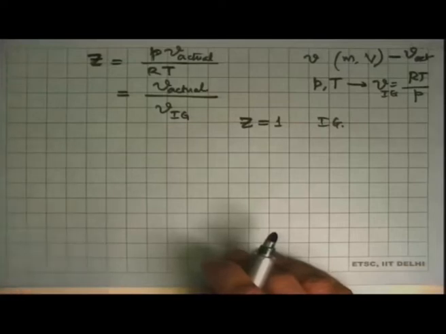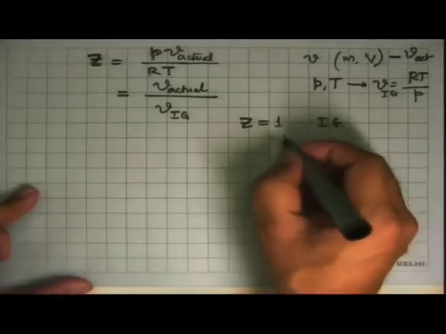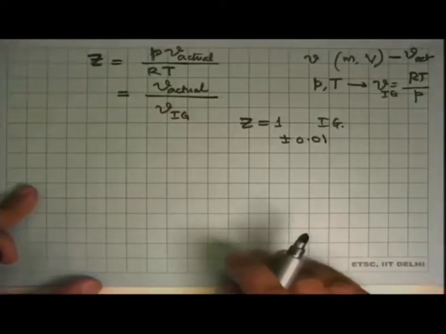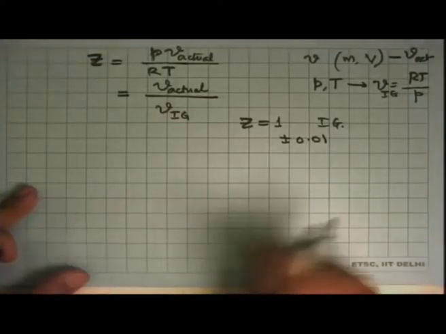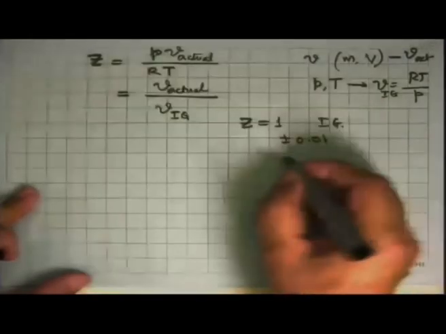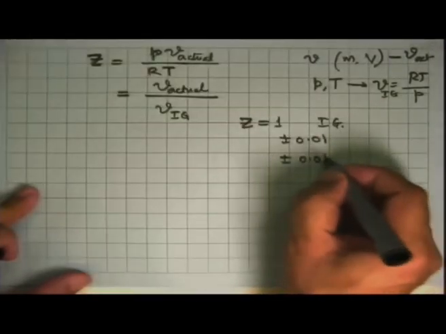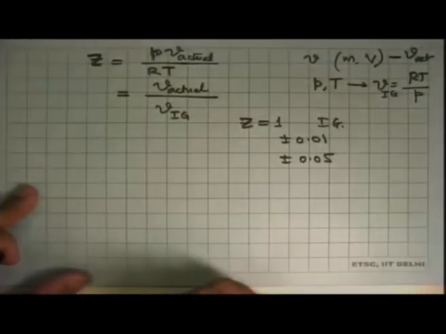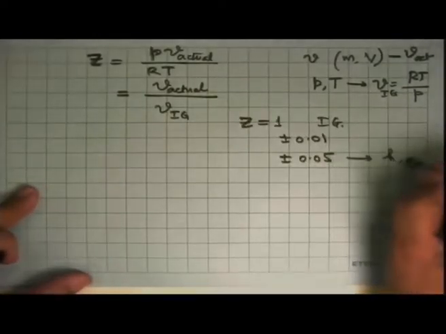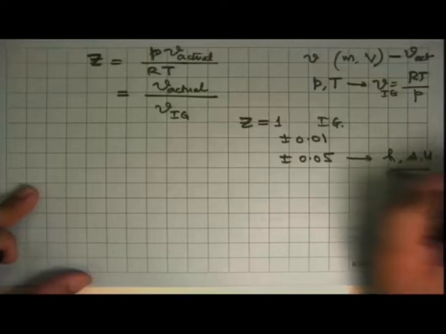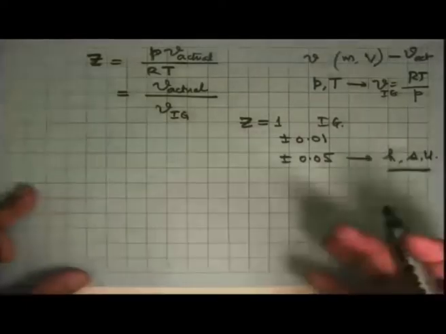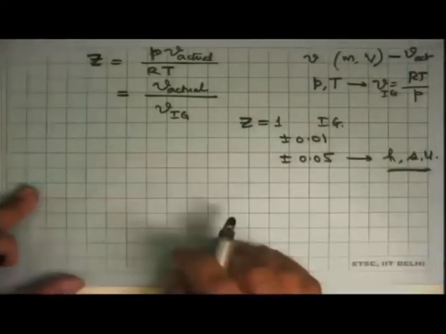But exactly 1 we get very rarely. So you say, okay, plus minus 0.01, that's good enough. That's an ideal gas. But then there are some cases where you say, look, I can tolerate plus minus 0.05. A 5% uncertainty in Z will cause a certain uncertainty in H and S and U. And as a first calculation, it's okay for you.